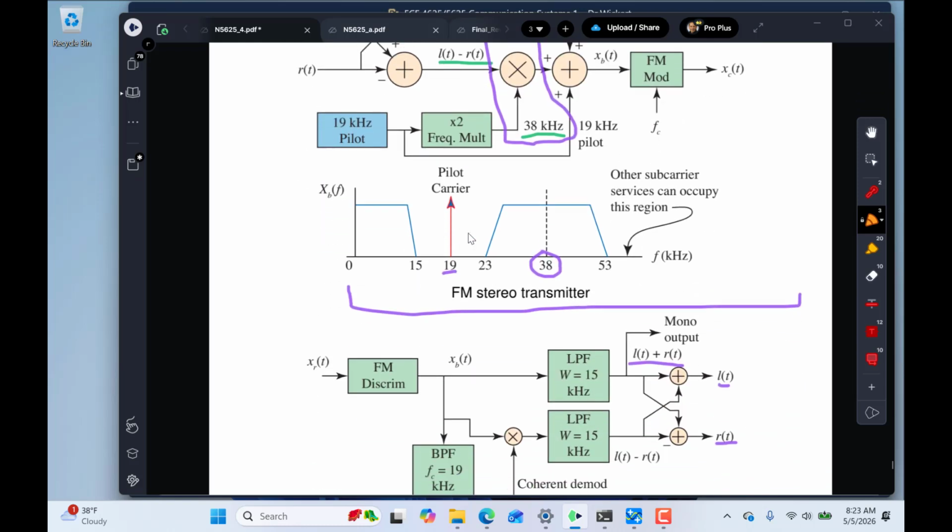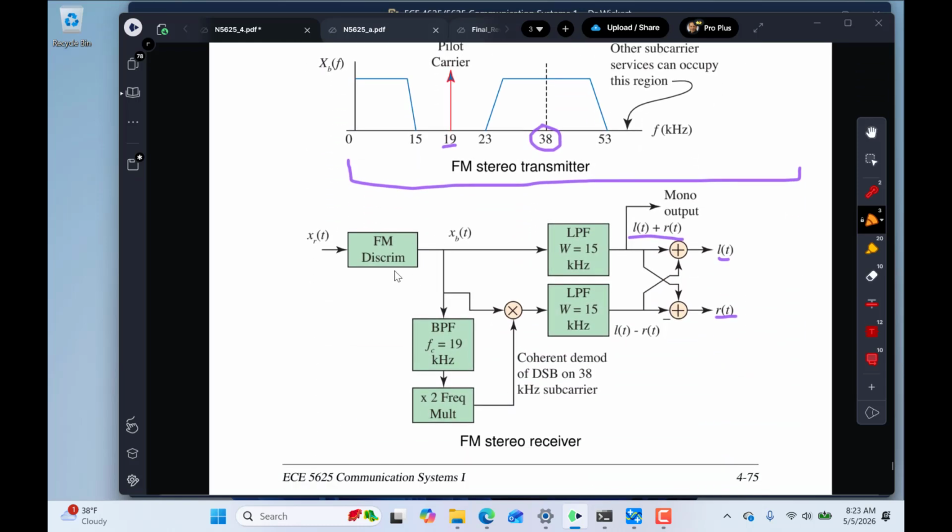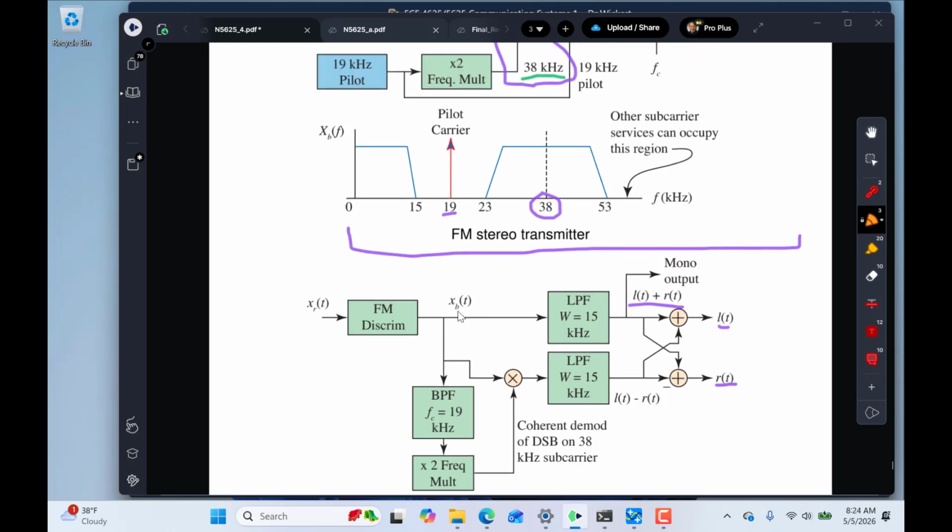In that way, at the receiver, you can come along and have your FM discriminator, which gets back what? And if I give pictures of this on the final and I show something like this, or we'll look at a sample problem from the old exam too, that FM discriminator is going to get back the composite. It's just going to pull that composite right back here as X sub B for baseband. It's going to get all of these components back.